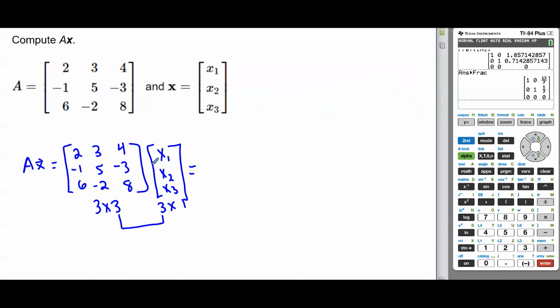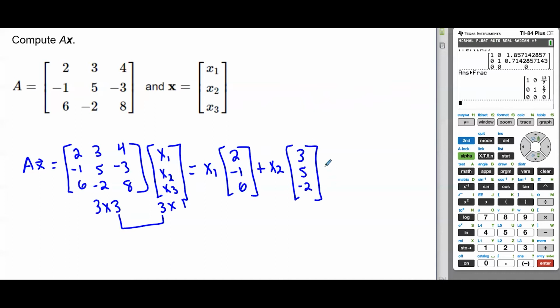So the first one's going to be x1 times 2, negative 1, 6. Second one's going to be x2 times 3, 5, negative 2. And then x3 times 4, negative 3, 8.